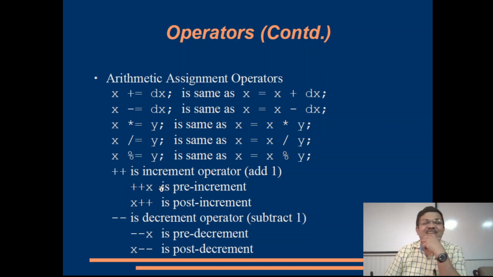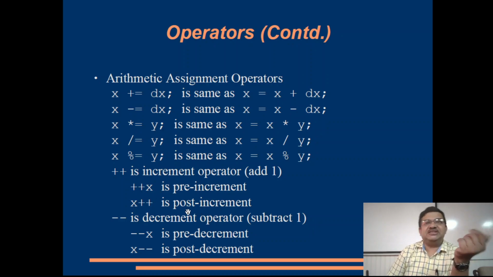Then there are increment operators. You can prefix it, so before you use the value of identifier x, its value is increased by 1, and in post increment the value is increased after you have used whatever is the content of x, right?